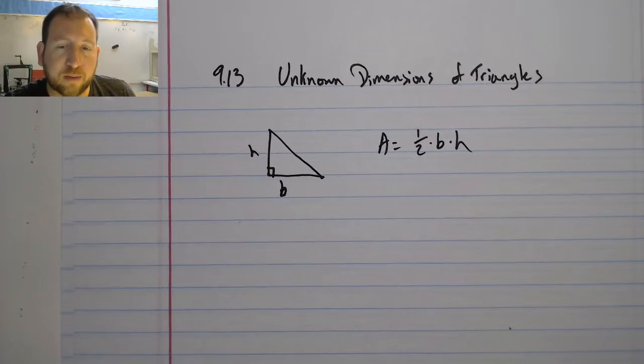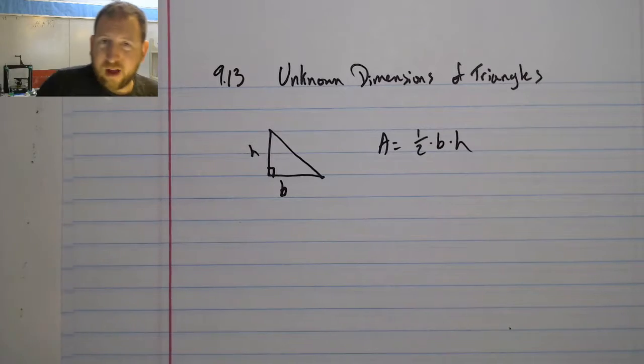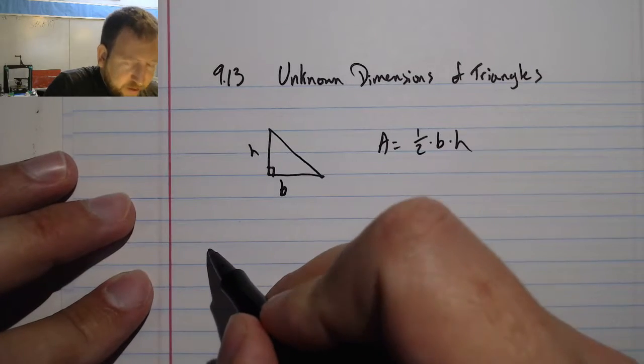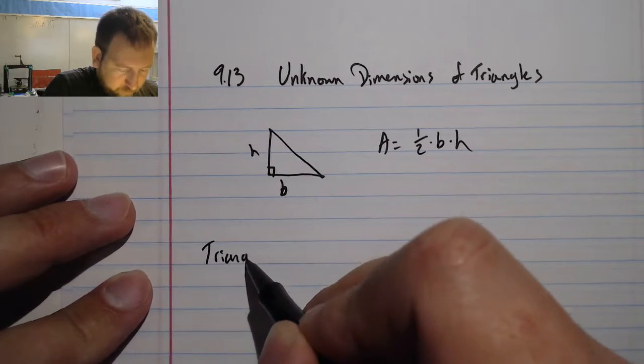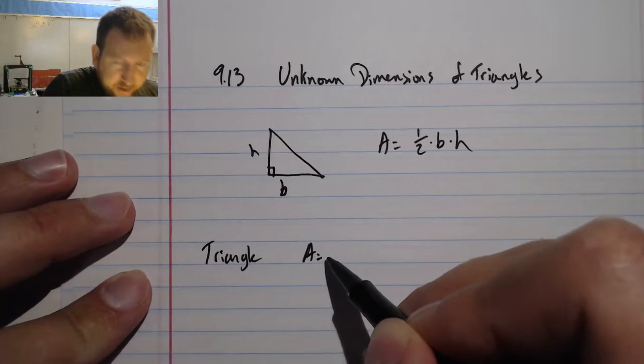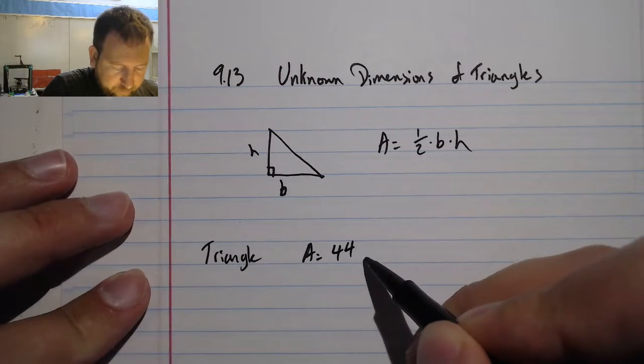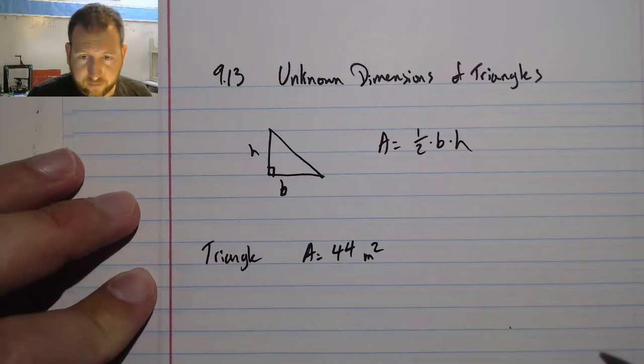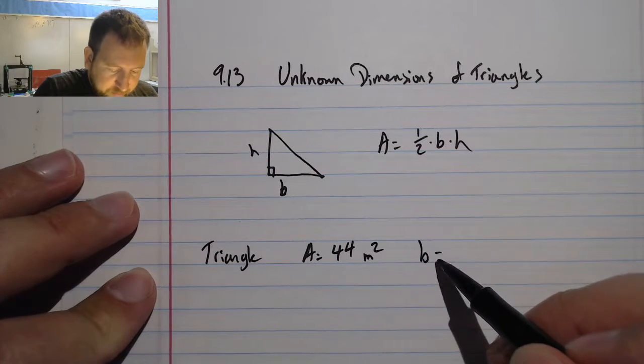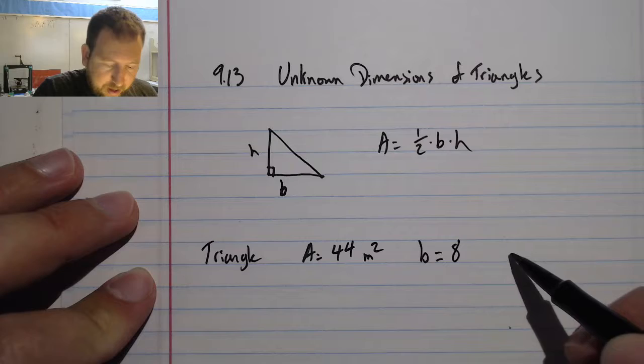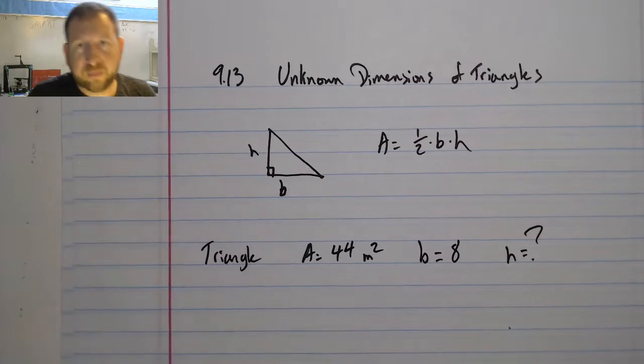So, for example, let's take a look at a problem like this. We know that a triangle has an area of 44 meters squared, and the base equals 8, and the height is unknown.